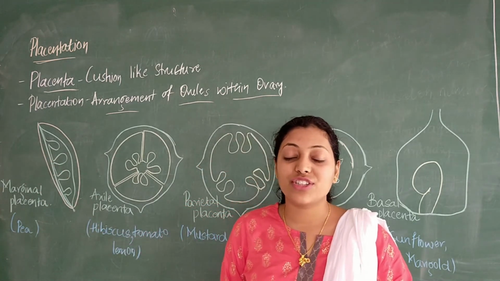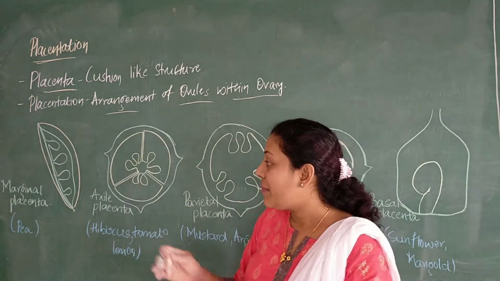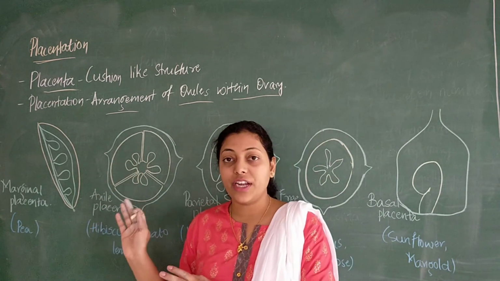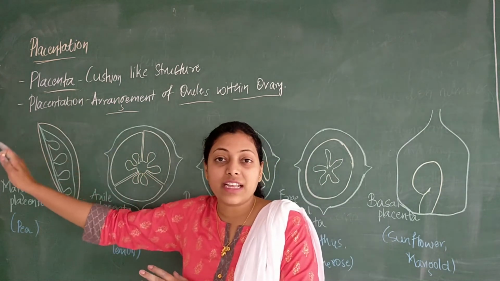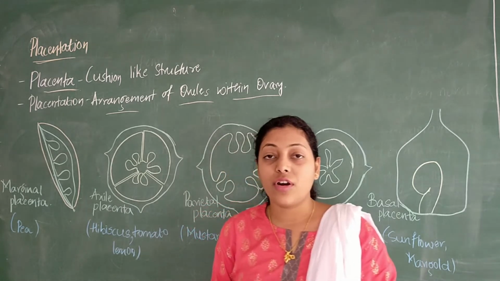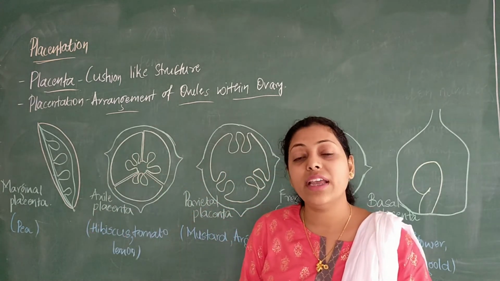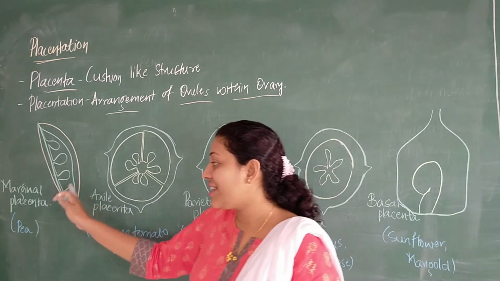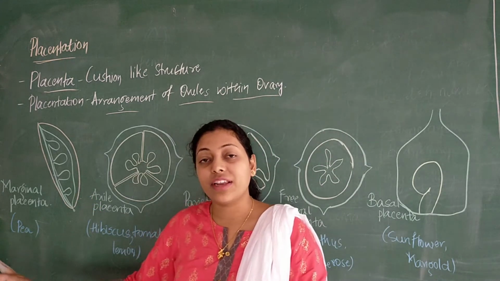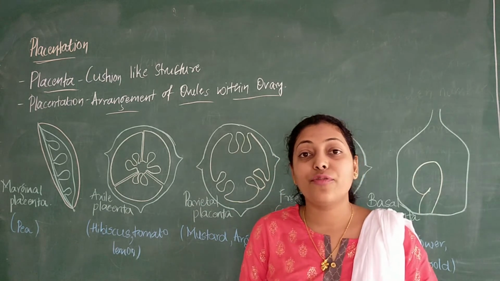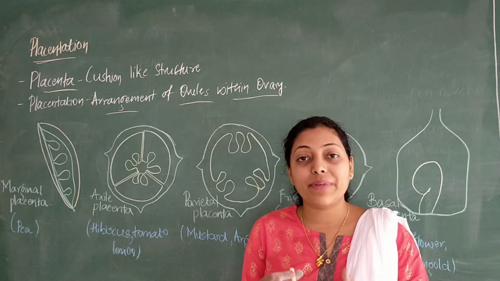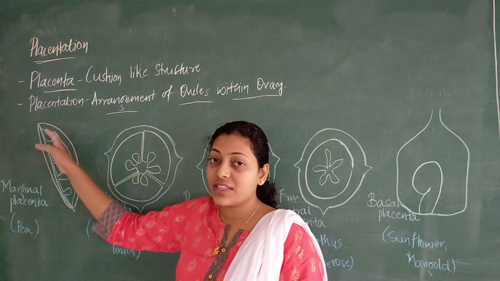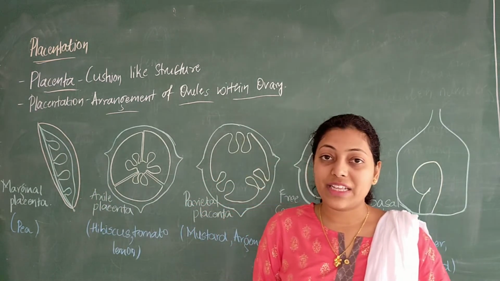You can say by the word marginal itself that the placenta is formed at one margin of the ovary, where ovules are borne on this ridge. Example, you can find this kind of placenta in pea plants. Pea plants have flowers consisting of marginal placenta.